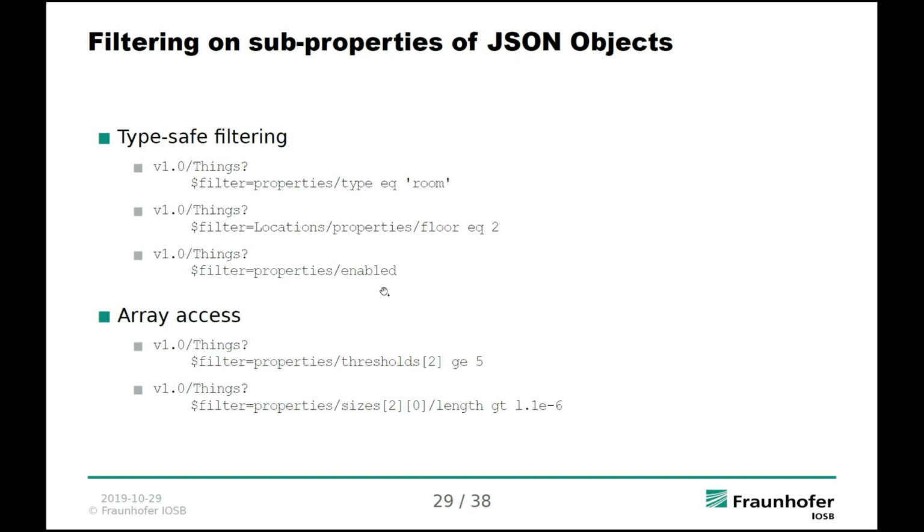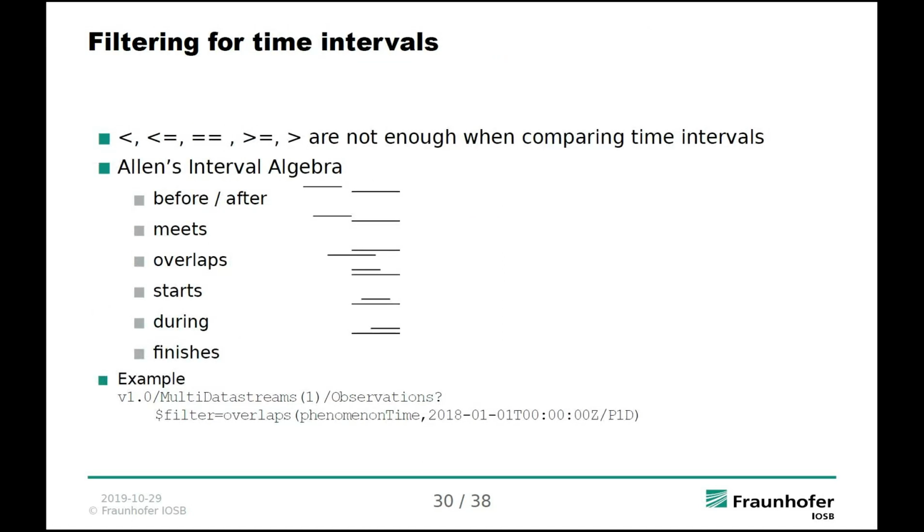We added something that is not in the original syntax for array access. So in the original syntax, you can't access arrays in any way. We added additional filtering for time intervals because we found out that the general comparators are not very helpful for working with time spans, and so on.